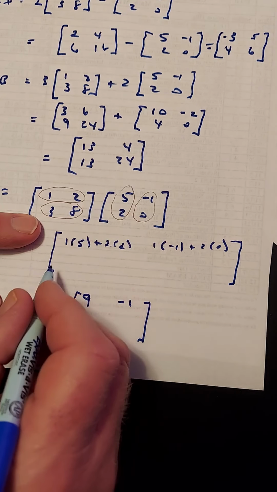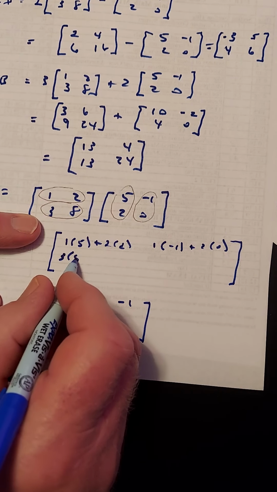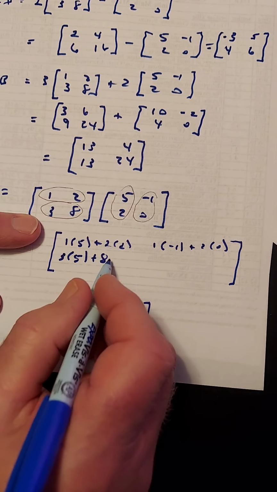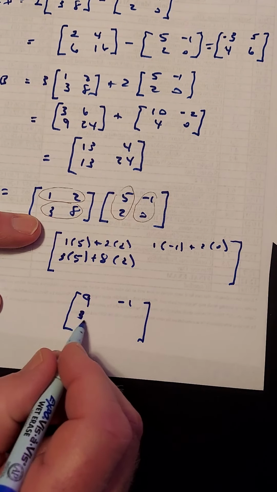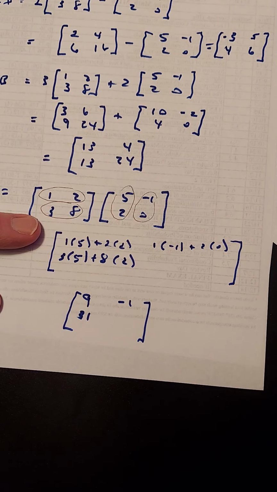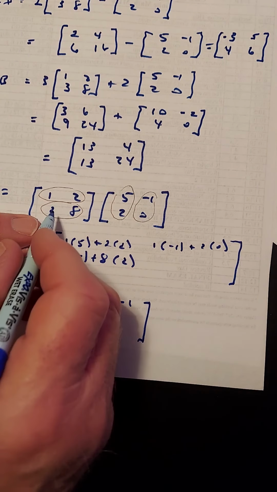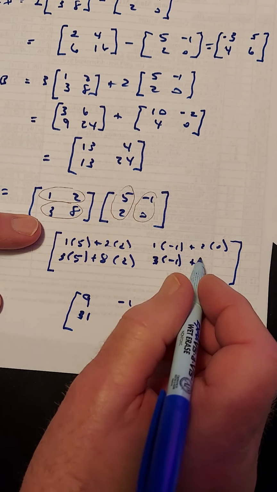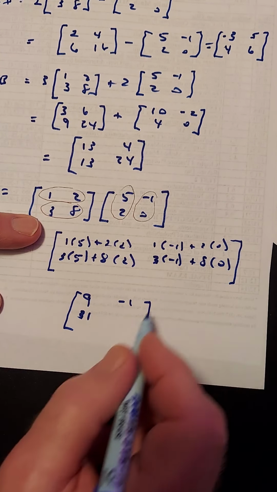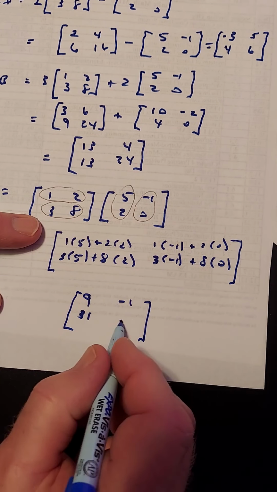Second row, first column, 3 times 5 plus 8 times 2. 15 and 16 is 31. Second row, second column, 3 times negative 1 plus 8 times 0. Negative 3 plus 0 is negative 3.